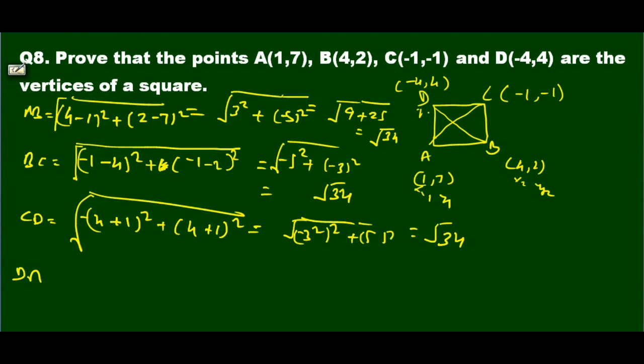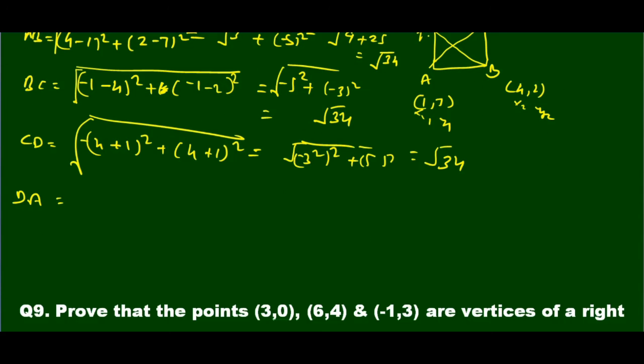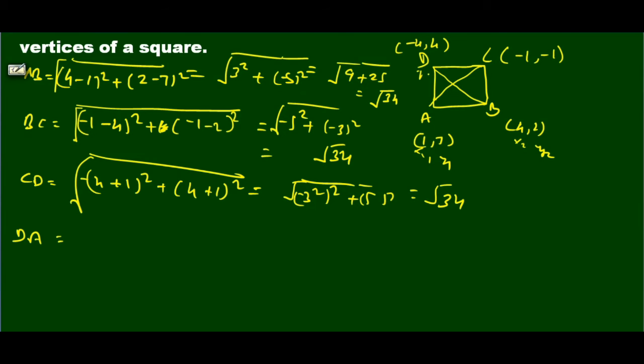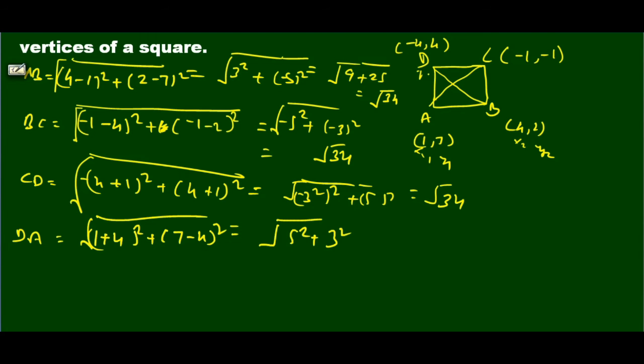Similarly, DA distance equals (1 plus 4) square plus (7 minus 4) square, square root. So here it will become 5 square plus 3 square. So this will also become how much? Root 34.